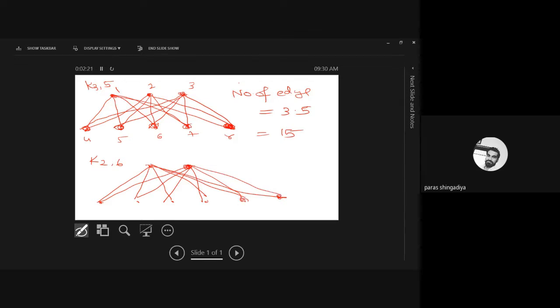So that is your graph. The degree of 1 and 2 will be 6, because we have to connect to the opposite 6 vertices. And the degree of these opposite 6 vertices, 3, 4, 5, 6, 7, 8, is 2, because each of these 6 vertices is connected to the 2 vertices.